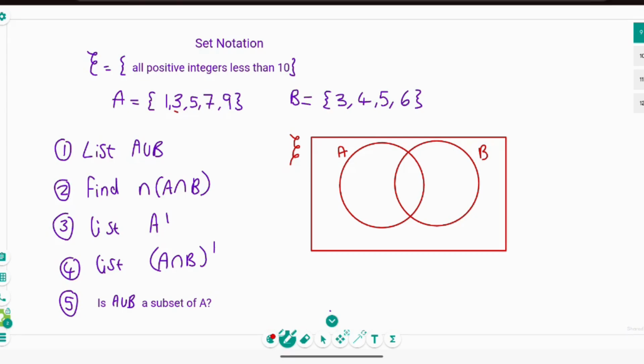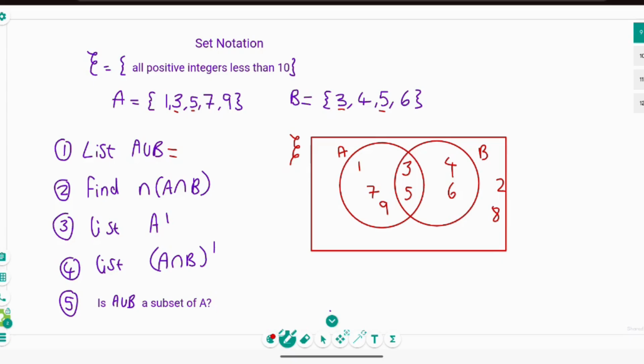We've got 3 and we got 5. And then in A, we've got 1, already got 3 and 5, 7, 9. And for B, 4, 6, and the numbers around the edge, 2, 8.